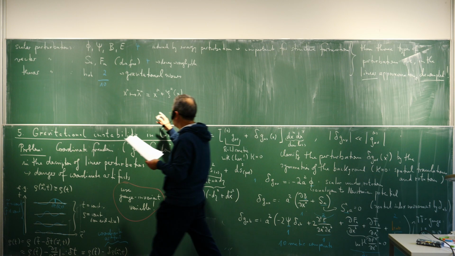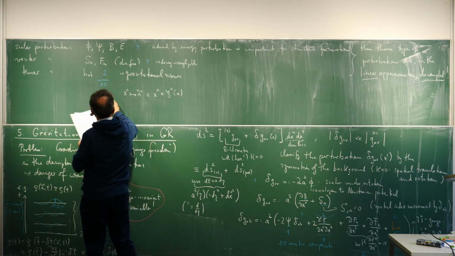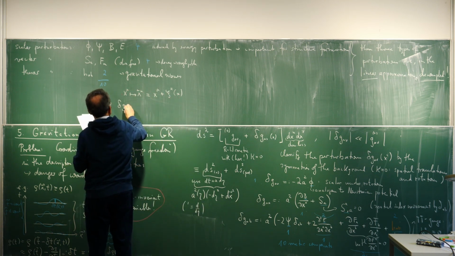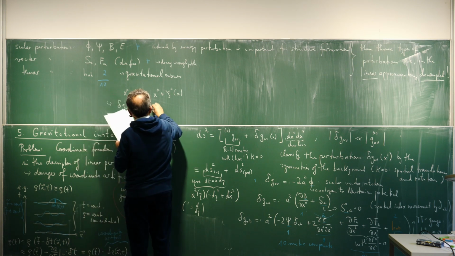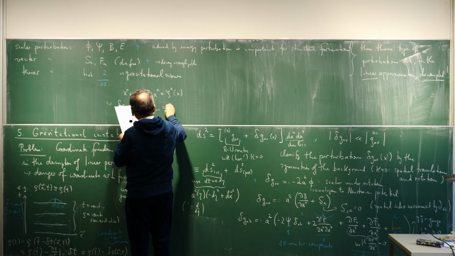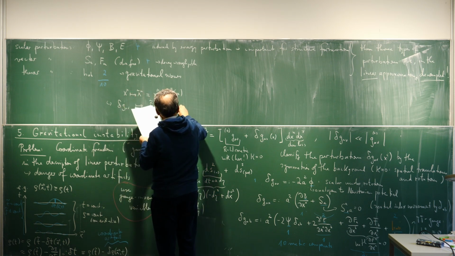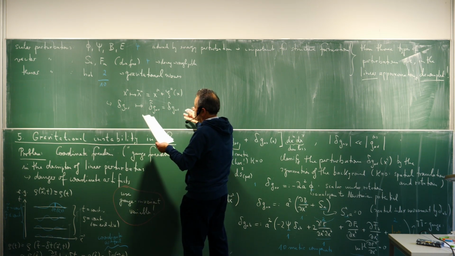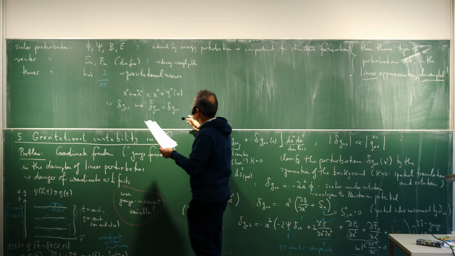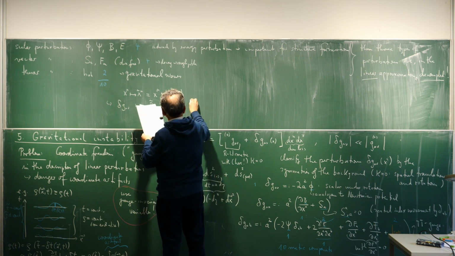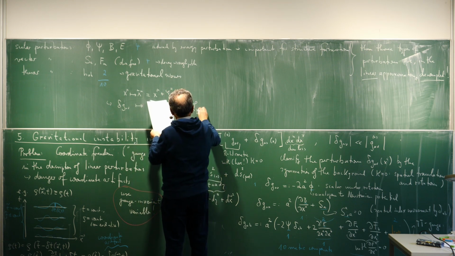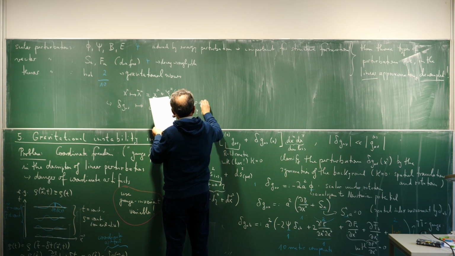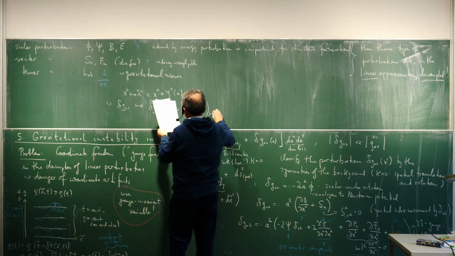Of course, from your knowledge of GR, you know how the metric transforms, and the metric transforms to g mu nu tilde. That is delta g mu nu, and if we evaluate this at the same coordinate value, then the difference is the Lie derivative with respect to g0 mu nu.